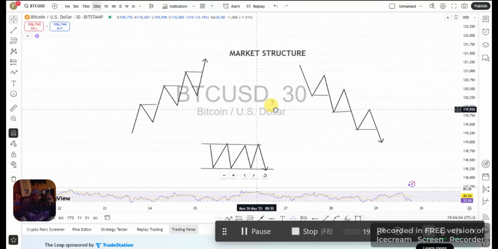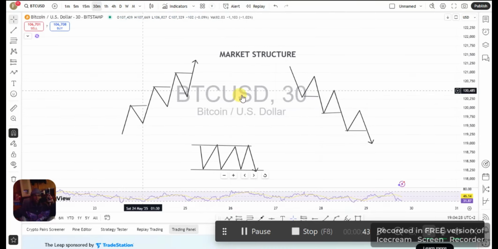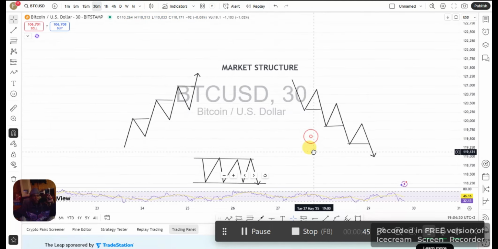So within the market structure, we get concepts like break of structure, change of character, or market structure shifts, or we get FVG, which is fair value gap, we get order blocks, we get a lot of things within these kind of structures, right?